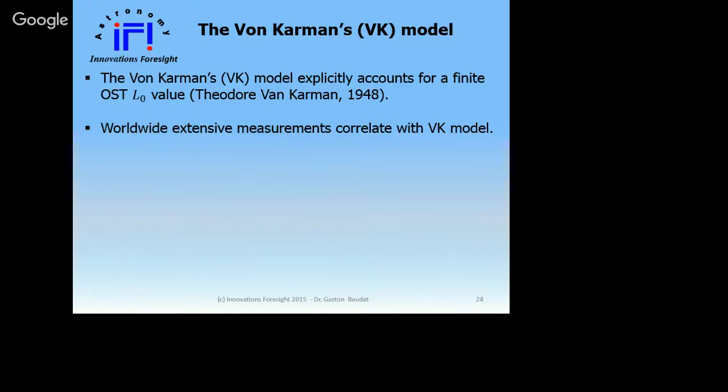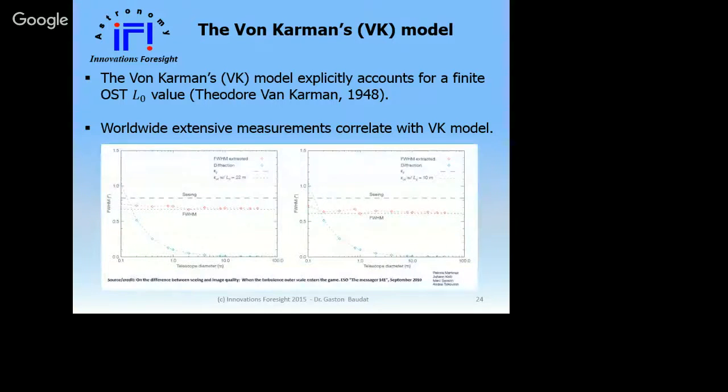And this is an example from the European Southern Observatory. It's a paper, I think I put the reference over here, from 2010. And here you see the FWHM in arc-seconds. We are in Chile, so they have pretty good seeing, as you can see, below 1 arc-second.